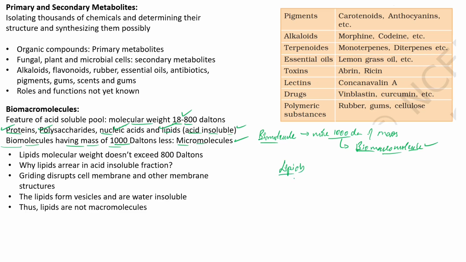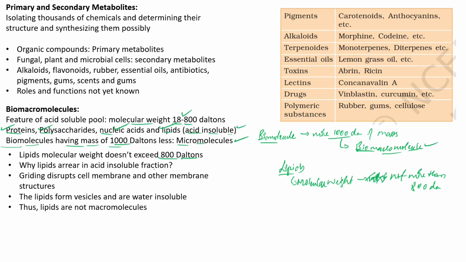Lipids are very interesting in nature, because their molecular weight or mass is not more than 800 Daltons, right?